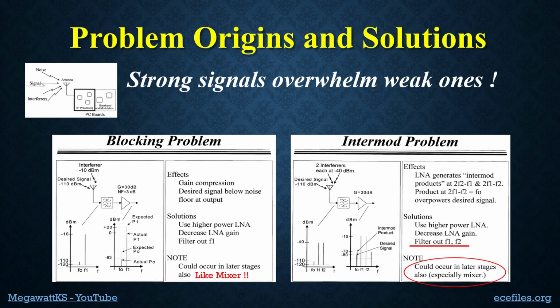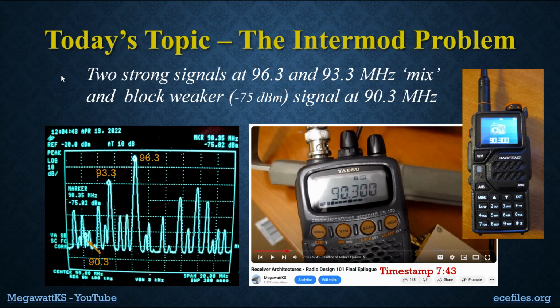And the problem is due to something called intermodulation that we're going to go into in depth in this video series. But in a few words, strong signals like these at 96.3 and 93.3 can mix together. It's not exactly the mixer in your radio, but it's a similar phenomenon mathematically.